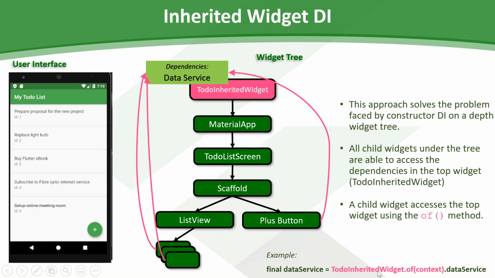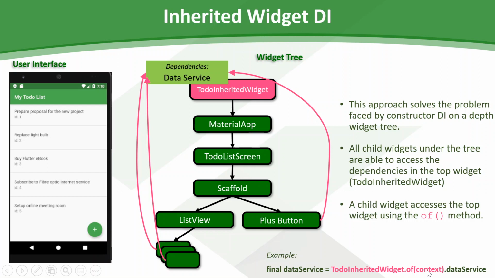Remember, this is not an object, but this is a class. And then it must be an inherited widget, because we want to use .of. So what does this line do?